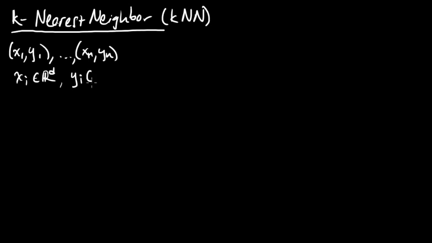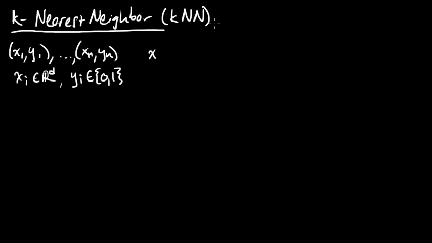So for now, let's think about the case of binary classification, when the y's take only two possible values. And then we're given these data, and we're given a new x, and we have to classify what is the y corresponding to that x.